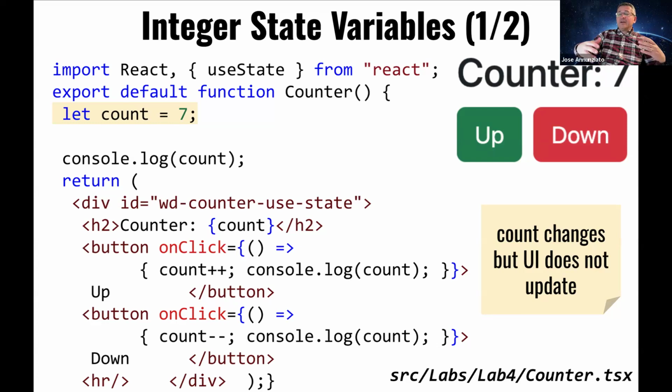If you collect all the variables of an application, all the Boolean variables and the strings and integers and arrays and objects, which might be spread out across multiple components, and you take a snapshot of all those variables and all those values, we would call that the current state of the application.